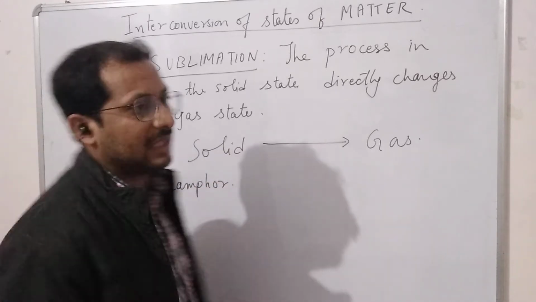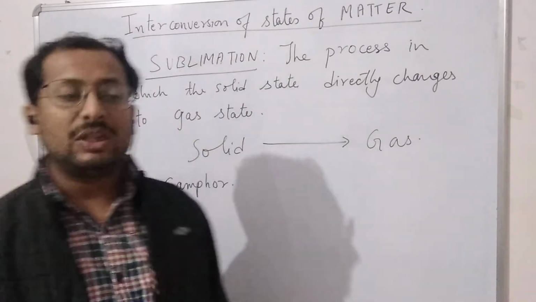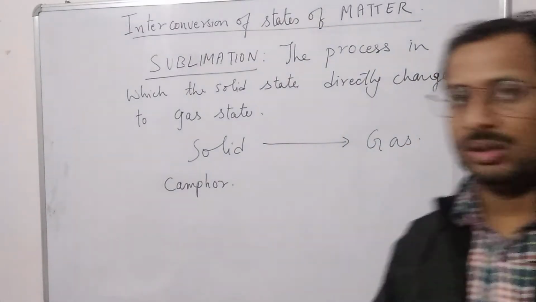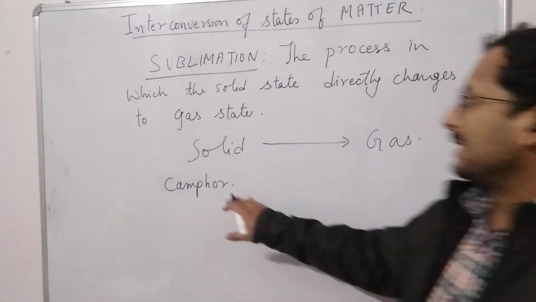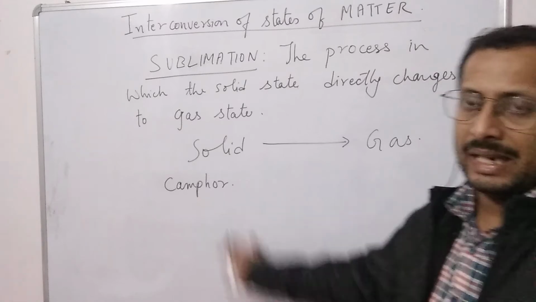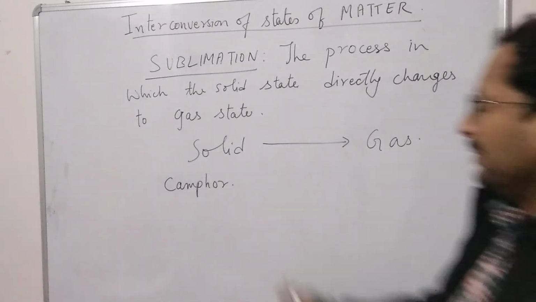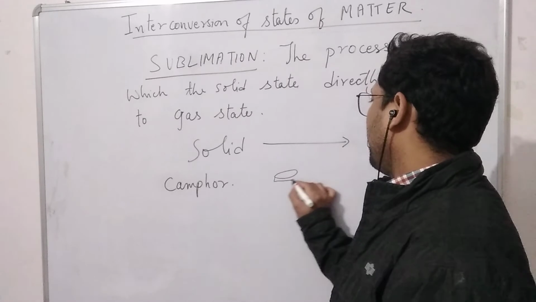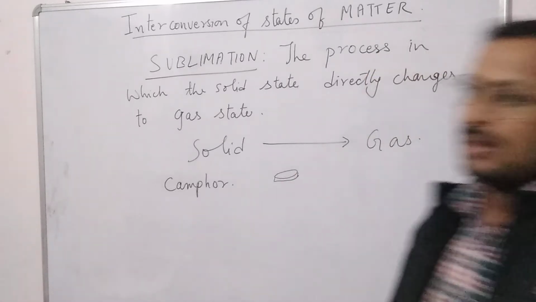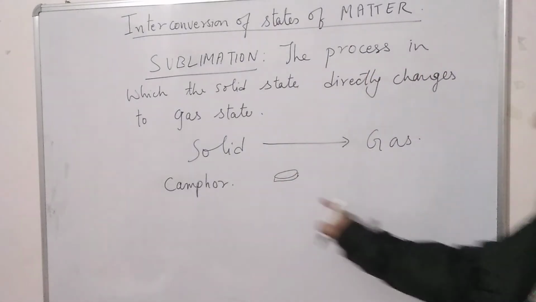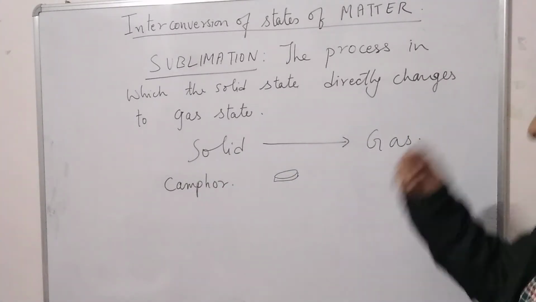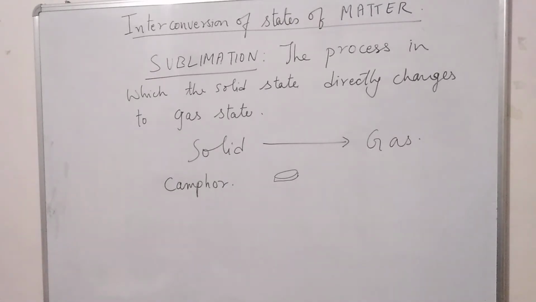In Hindi we say kapoor, which we use for doing puja and all. Actually, it is camphor in English. It is white in color, cylindrical in shape. When it is burned and heat is absorbed, the solid changes to gas directly. This is one example from day-to-day life.